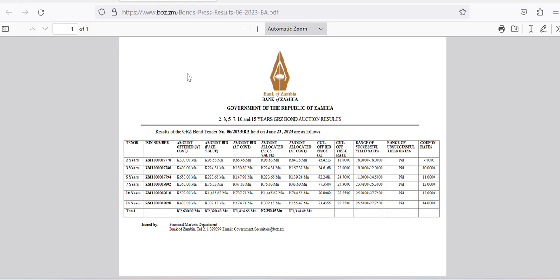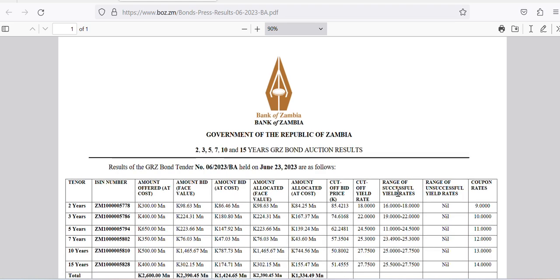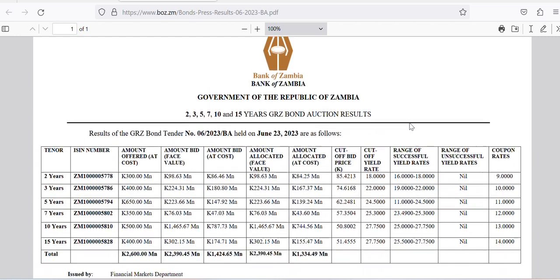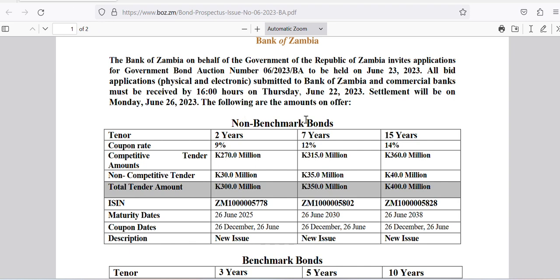The other document that I want to show you is the bond auction results. Once the auction has happened and the results are out, this is the document published by the Bank of Zambia.